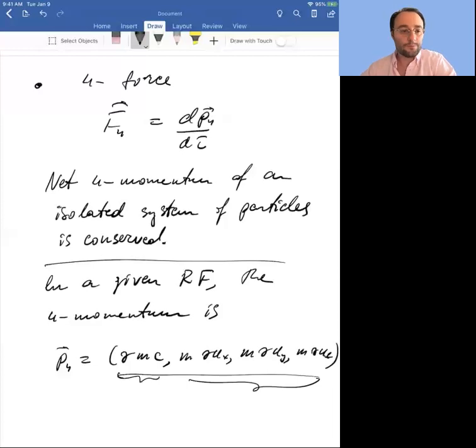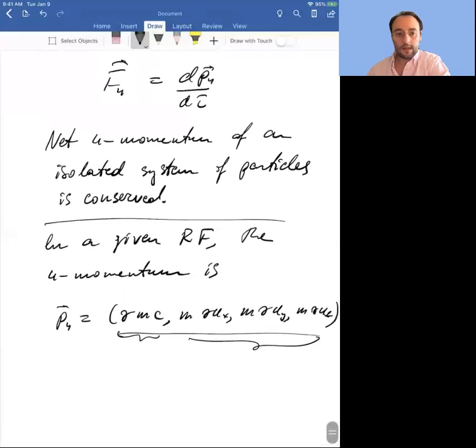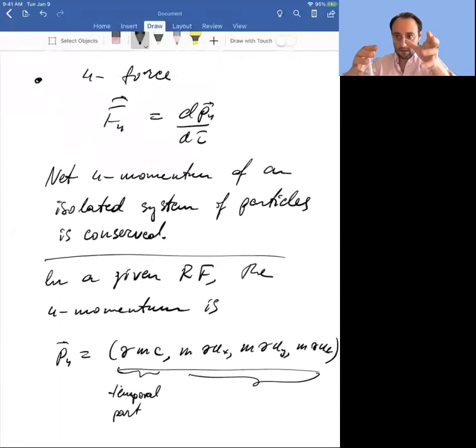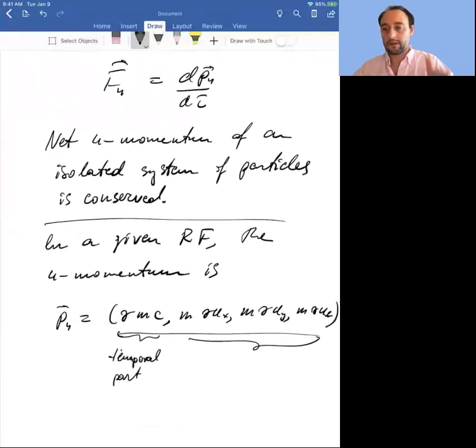They have a meaning. The spatial part is called the relativistic momentum. This is the temporal part. It's like the ct, like the first term in the 4-vector, like the time. Remember, if we have a position 4-vector, ct, x, y, z, this first term sits in the first slot where the time sits in a position 4-vector.